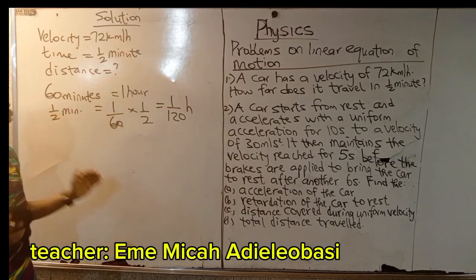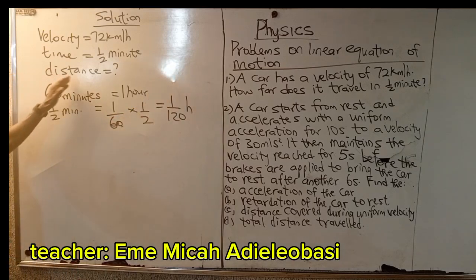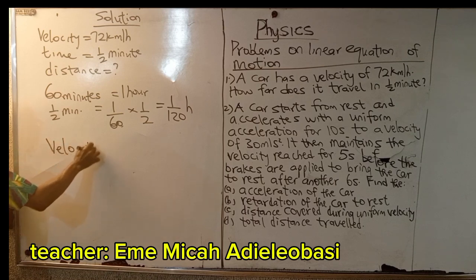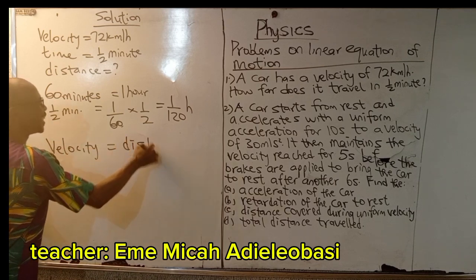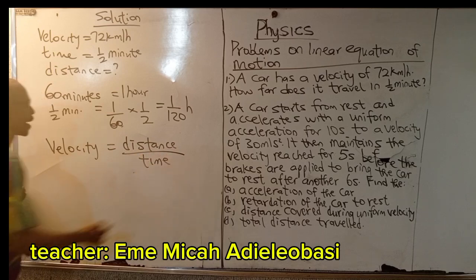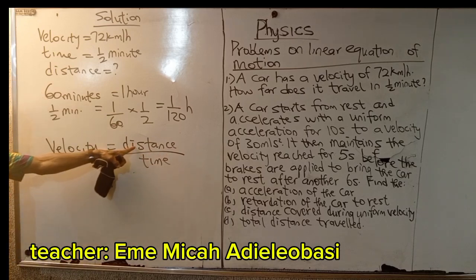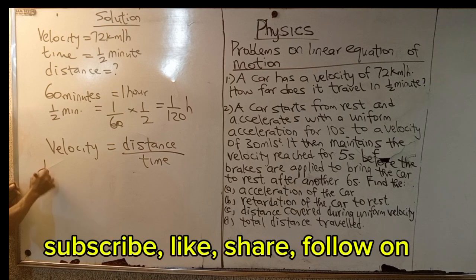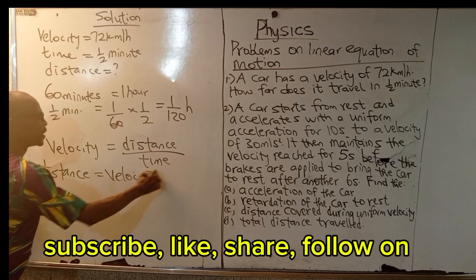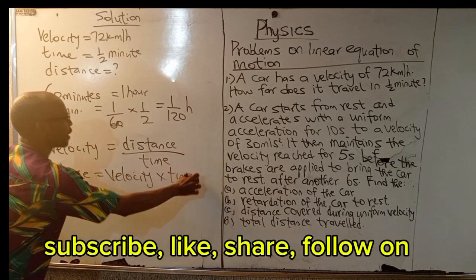So now we can solve. What is our distance? From our equation, velocity is equal to distance over time. We can get our distance by writing distance is equal to velocity times time.